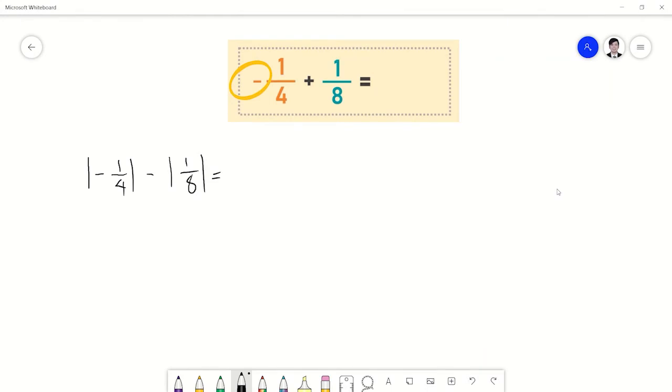The absolute value of negative 1/4 is 1/4, and the absolute value of 1/8 is 1/8. Now, if you notice, this time we have different denominators. We call them unlike fractions or dissimilar fractions.